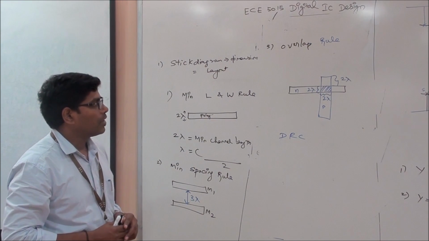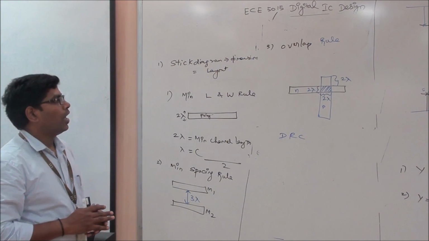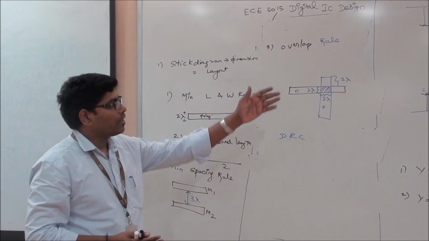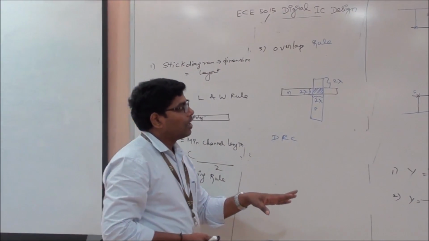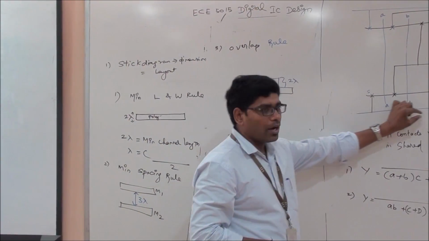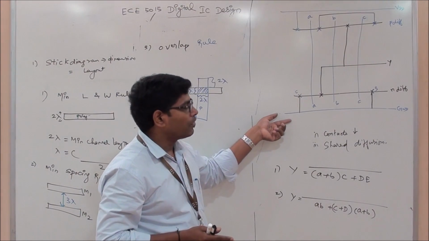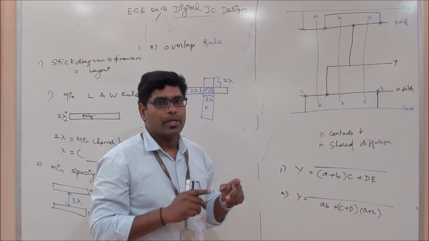I hope this lecture has given you an insight into how to draw a stick diagram and how to draw a layout. You can extend the same thing to draw a layout, except that wherever I have drawn a line, that will be a layer with appropriate dimensions of length and width. Wherever I placed a contact, there will be a contact.